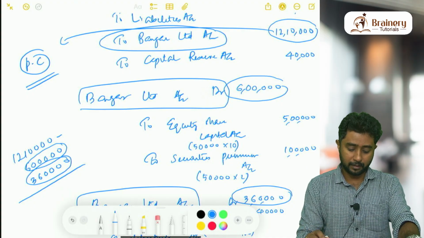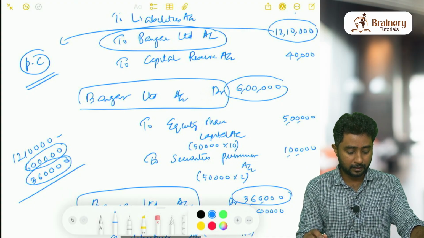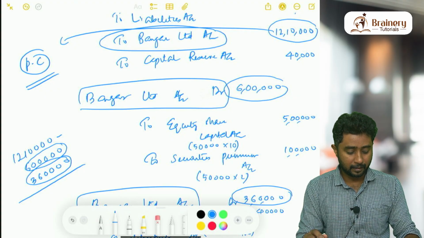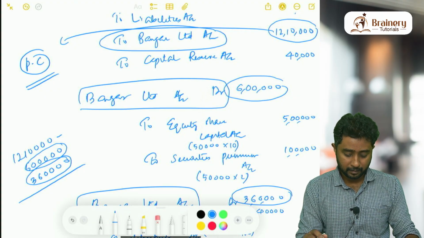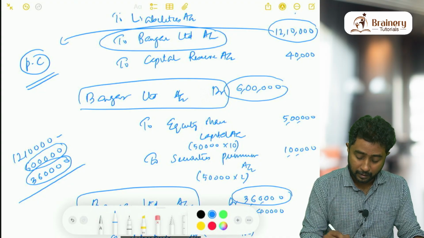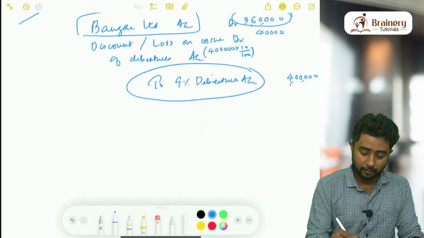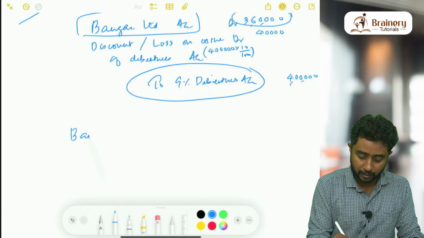So as you can see here, 12,10,000 minus 9,60,000. How much we'll get? 2,50,000. This 2,50,000 is the amount that we are going to pay using check.